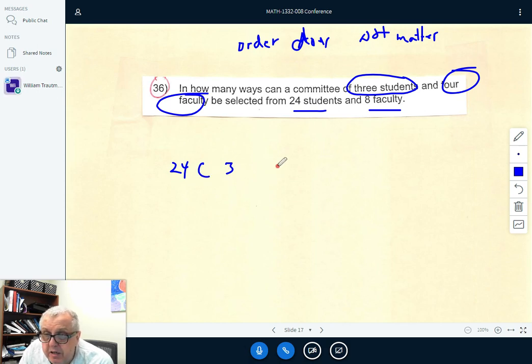And now we got to get the faculty. We got to multiply it by faculty. There are 8 faculty, and we have to pick 4. Order doesn't matter.